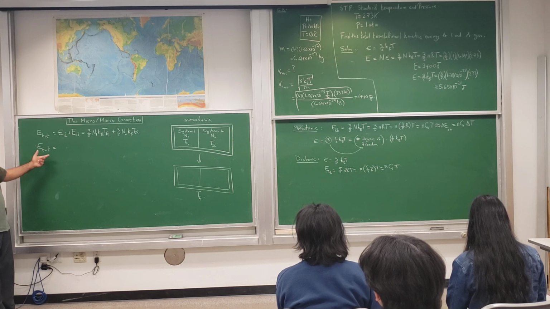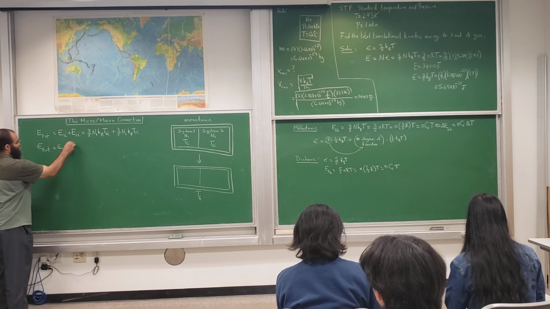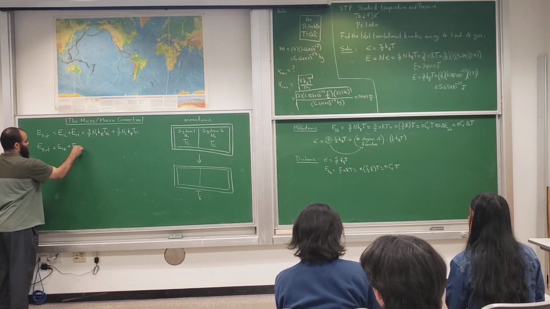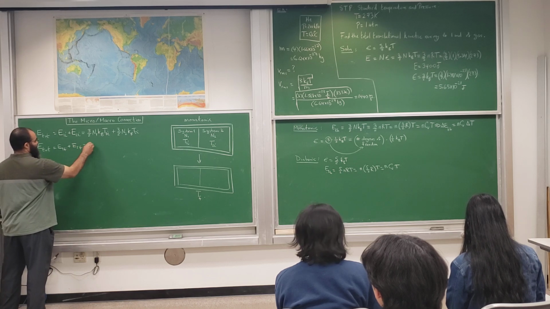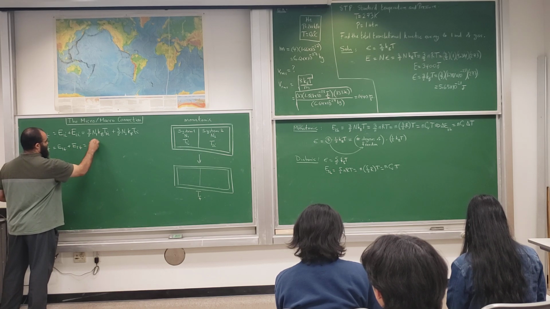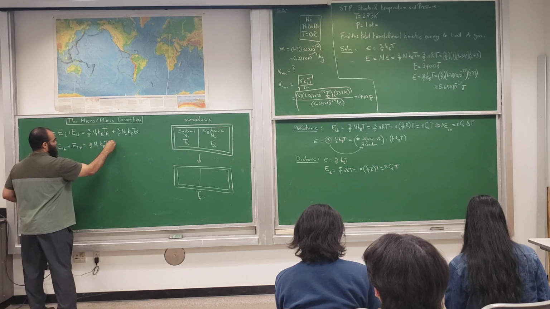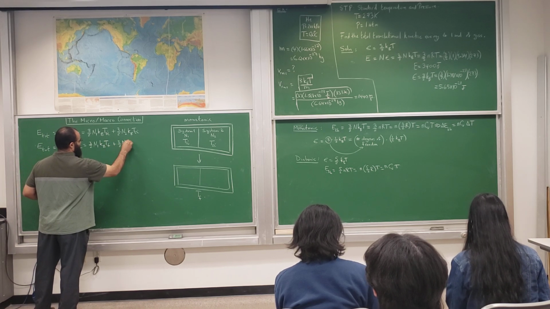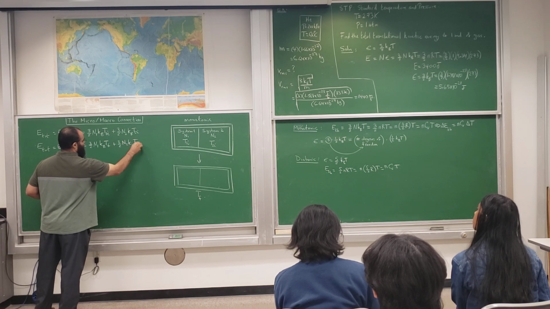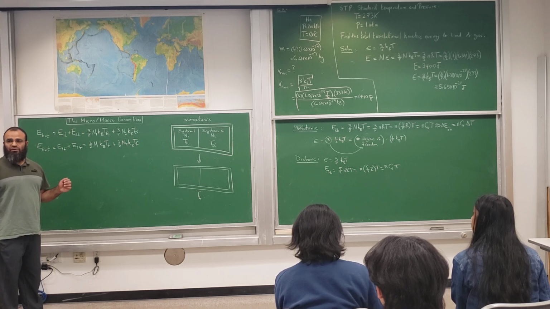But I would like to write it in terms of the final. So it's going to be E1 final plus E2 final, right? And that's going to be 3 halves N1 kB times T final plus 3 halves N2 kB times T final. Notice I didn't say T1 final or T2 final, just T final.